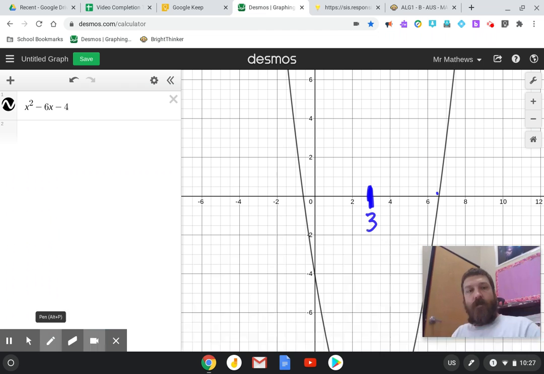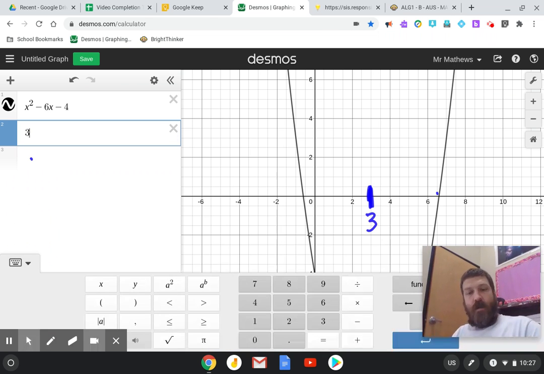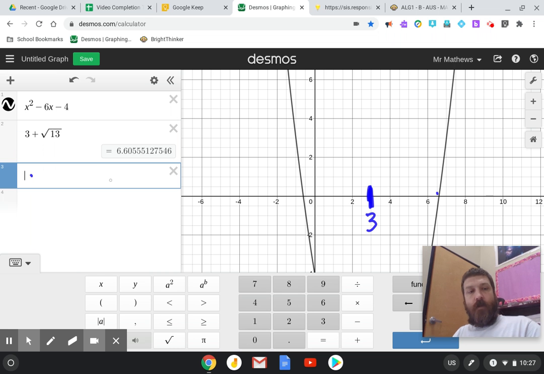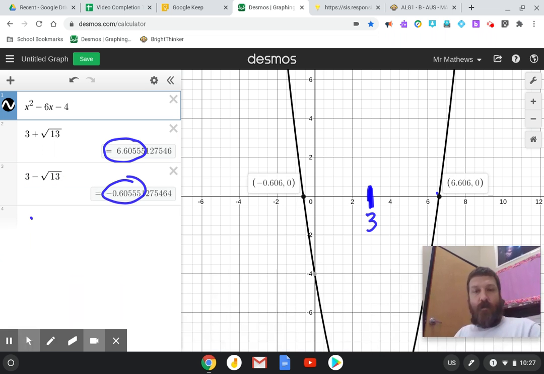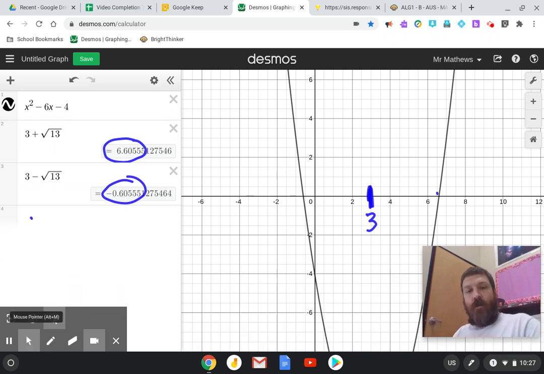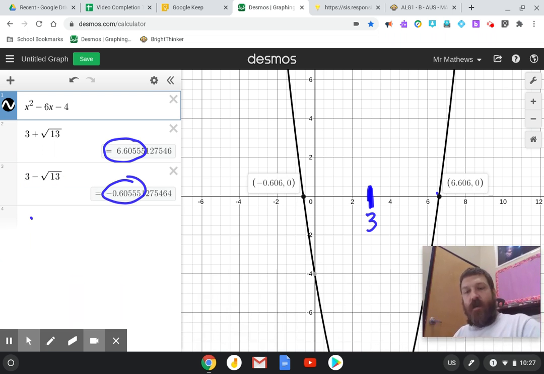Let's go look over here. 3 plus the square root of 13 is 6.6055 and so on. 3 minus the square root of 13 is negative 0.6. So this should be clear: these are exactly these numbers. Obviously, it's been rounded.